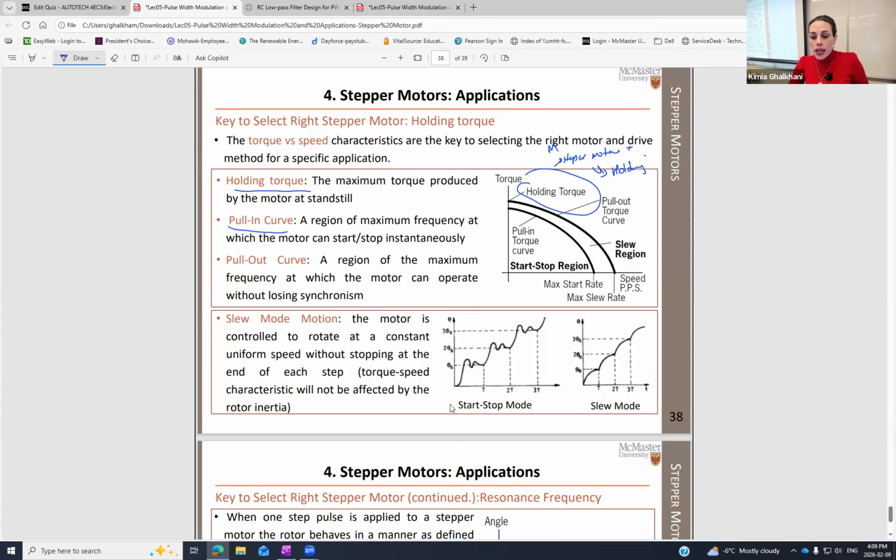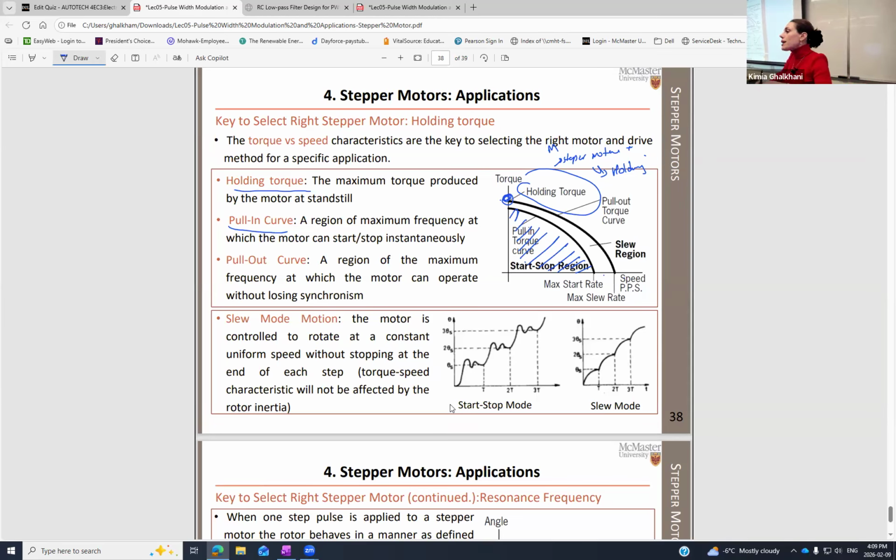Pulling curve is just this region. For example, inside the exam, I may ask you, what is the pulling curve? You can simply say, if I'm having a maximum frequency that the motor can start from here and stop from here, the region where this can happen is going to be my pulling torque curve, or just pulling curve.